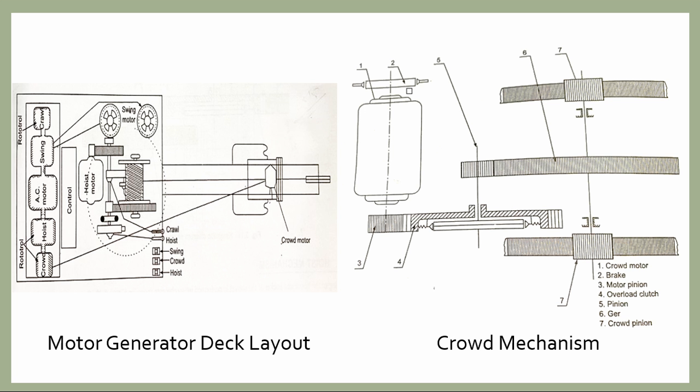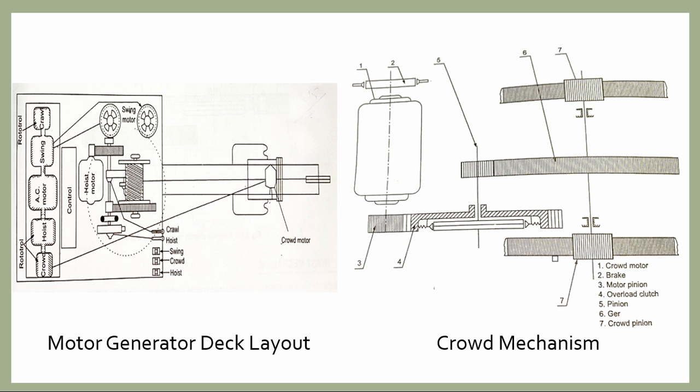Number 2 denotes the brake. Number 3 denotes the motor pinion, number 4 denotes the overload clutch section, and number 5 denotes the pinion. Number 6 denotes the gear, and number 7 denotes the crowd pinion.